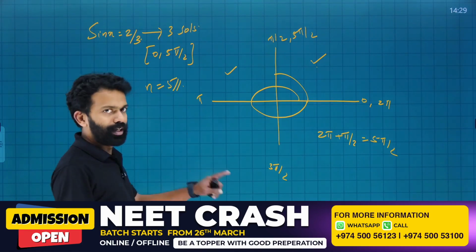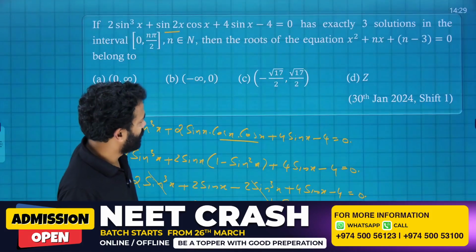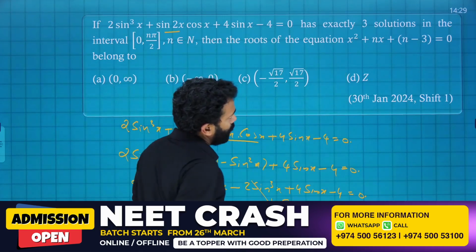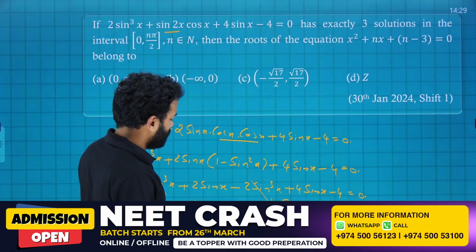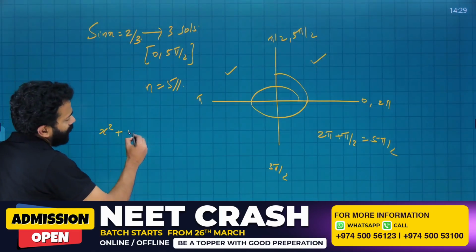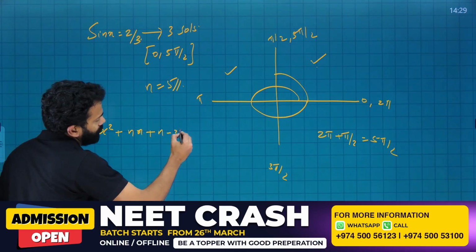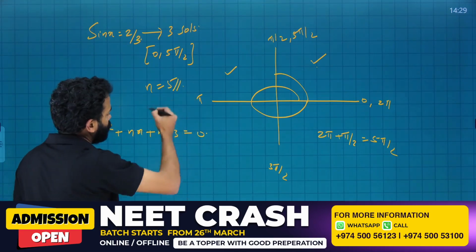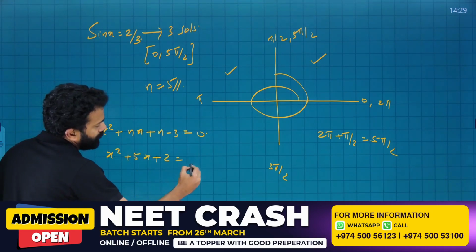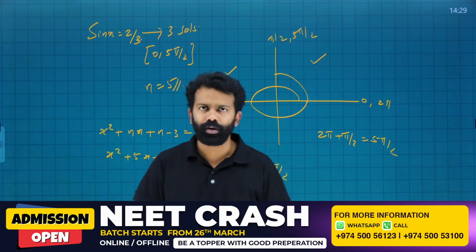Now we need to solve that quadratic equation. That's easy, I think. Just substitute the value here and you will get x square plus nx plus n minus 3 is equal to 0. Substitute 5 here and you will get x square plus 5x plus 2 is equal to 0. You know how to solve this quadratic equation, right?